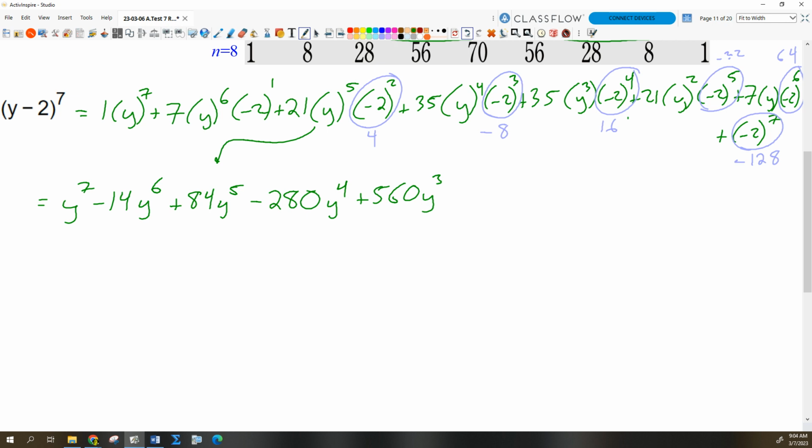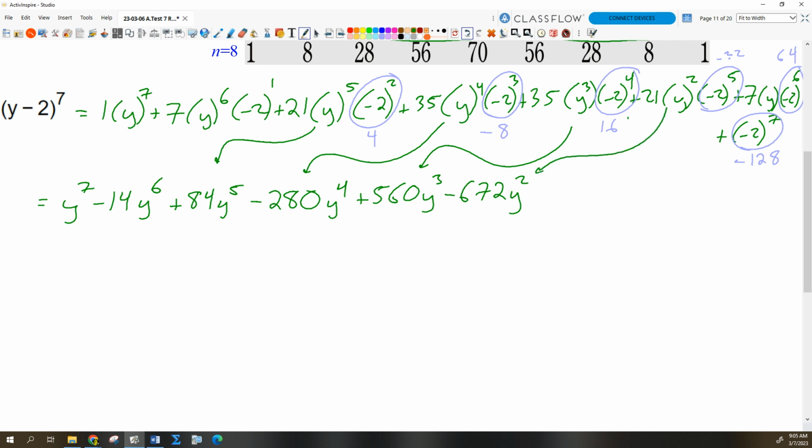And then here we're going to have, so that's this guy. Let's kind of keep track. That's that guy. How about this one? We get negative 32 times 21. So that's going to be 640 plus 32. So 672 minus 672y squared.